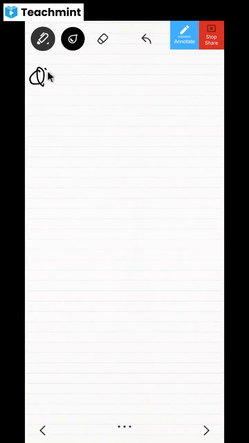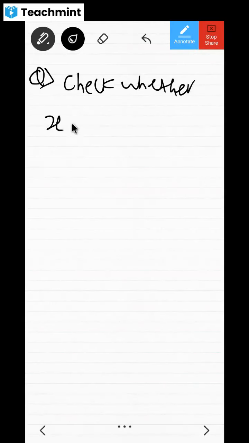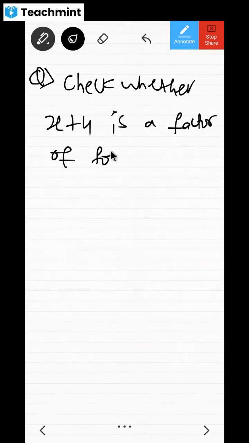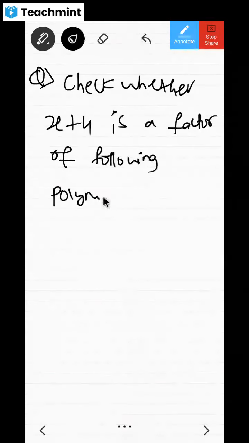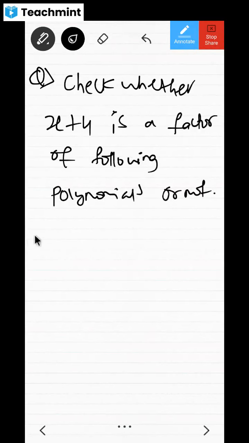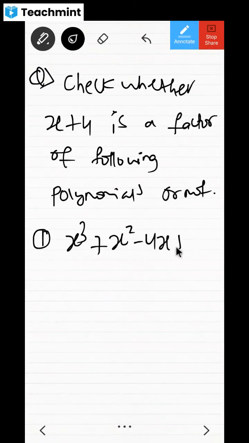Write down this question. Check whether x plus 4 is a factor of the following polynomials or not. First polynomial is x cube plus x square minus 4x plus 1.